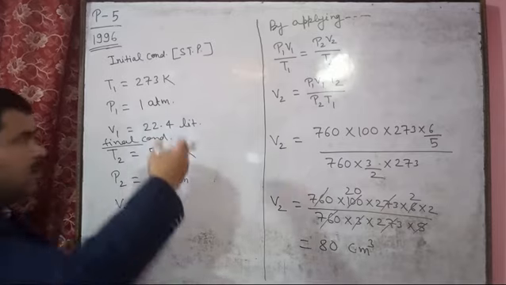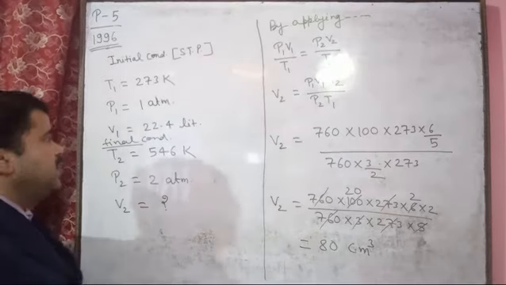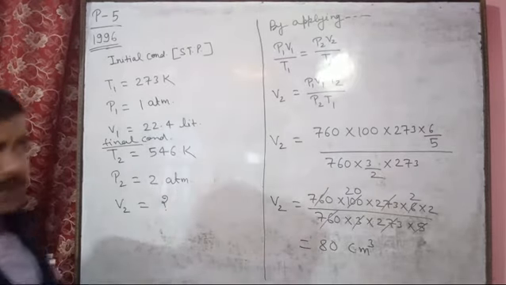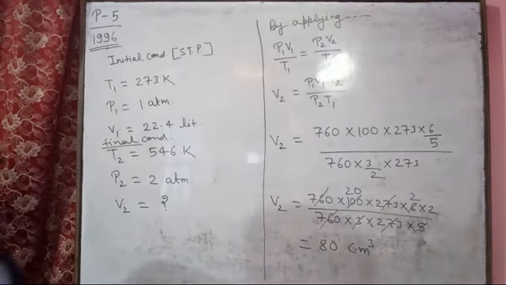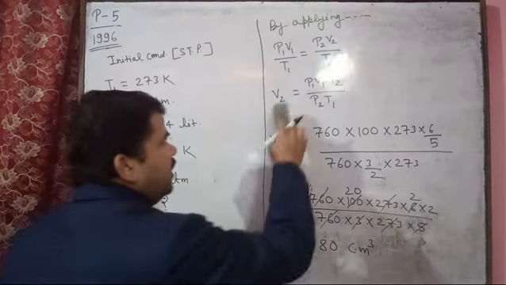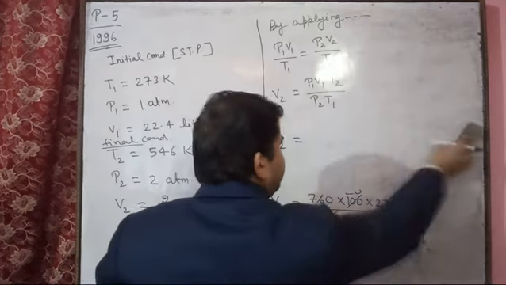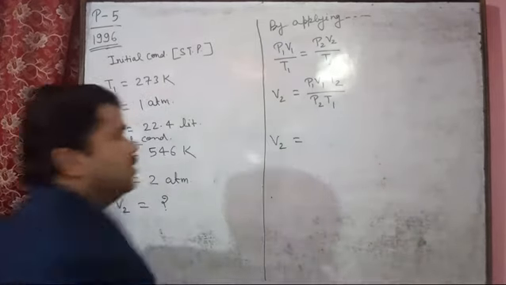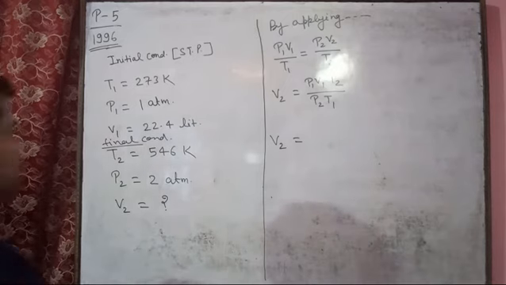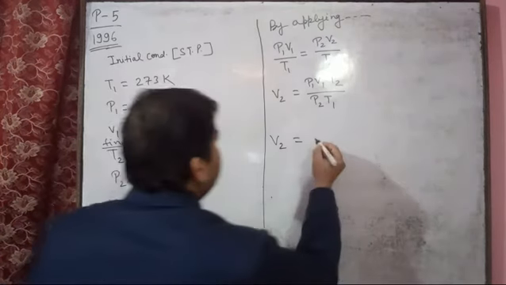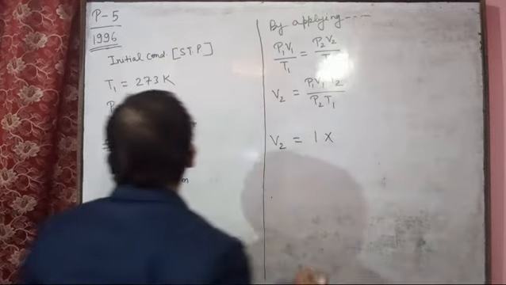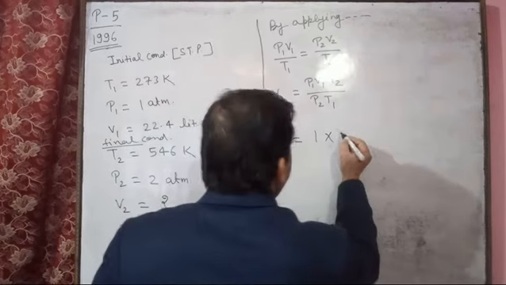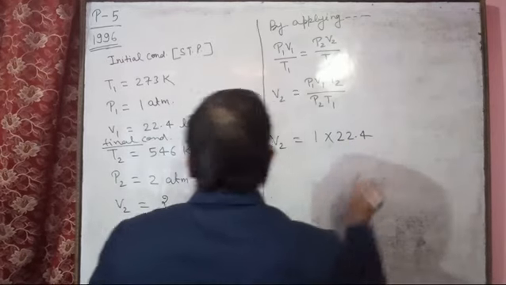Same formula, because all the factors are changing here: pressure, volume, temperature. So by applying the gas equation, P1 V1 upon T1 equals P2 V2 upon T2, we have to determine V2. We will put the values here. P1 is given as 1 atmosphere, and V1 is given as 22.4 liters.